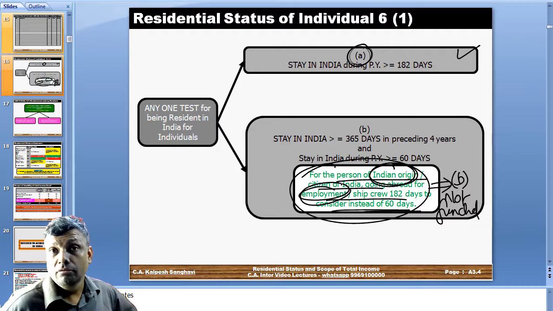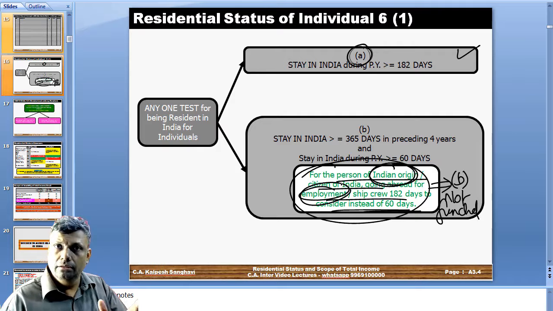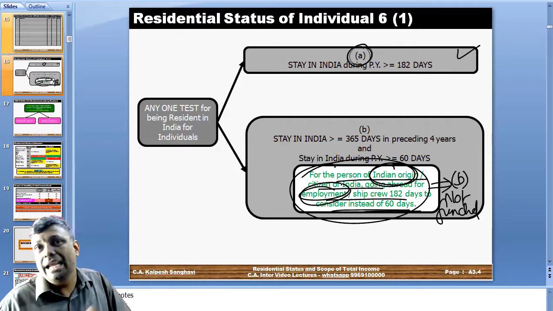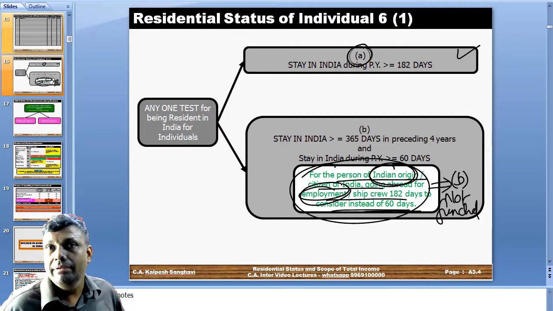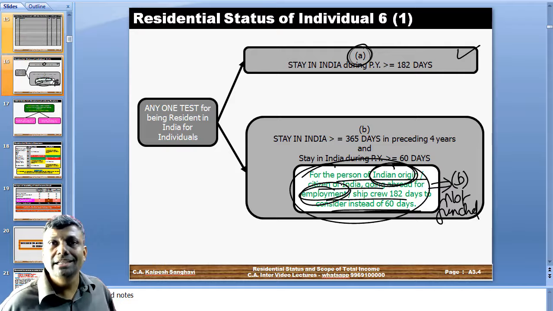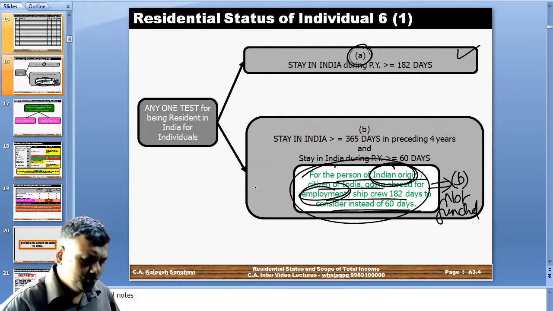This is a concept that we have already studied: for a citizen of India or a person of Indian origin, you don't have to apply condition B logically. Legally the condition is applicable, friends, but even if you apply it, the result is equal to condition A, so ultimately the answer will remain the same. So by the interpretation of the law, it is accepted that in such a situation condition B is not functional. That means logically not applicable, though legally it is applicable, of course.